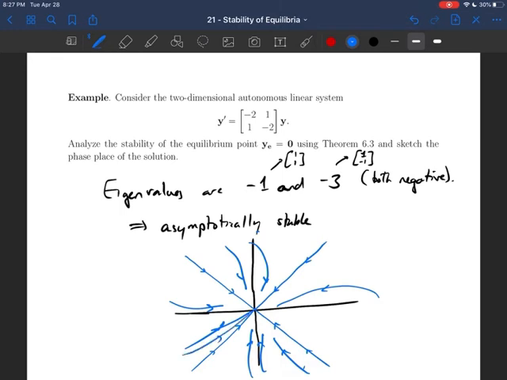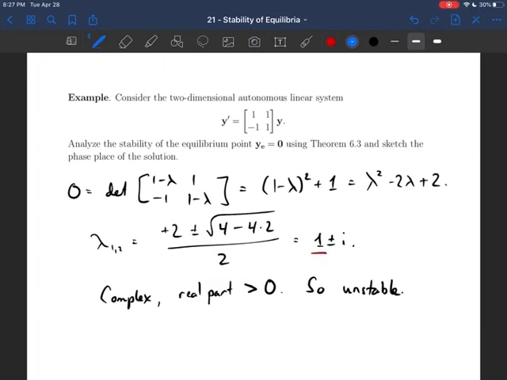So solutions will head in like this. So all the solutions go toward the origin. In fact, you could draw them reaching the origin if you so desired.